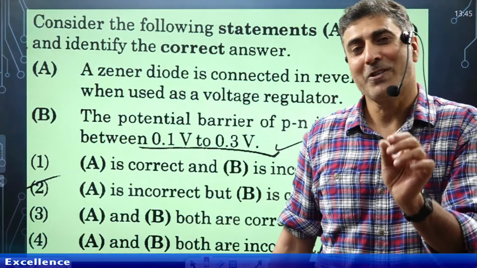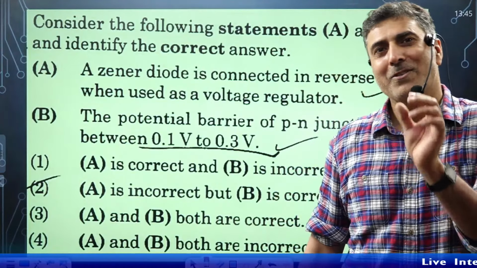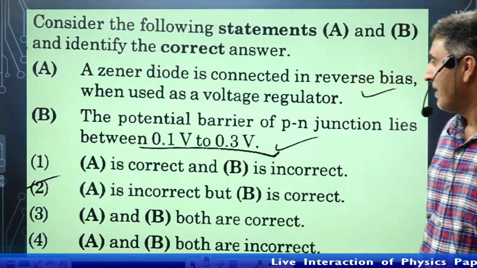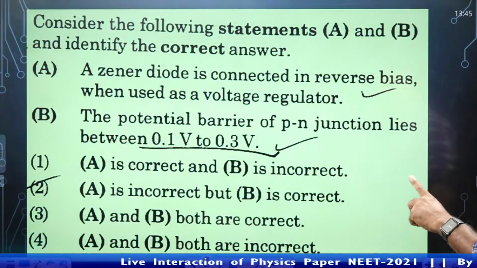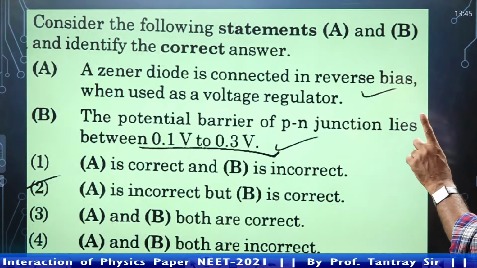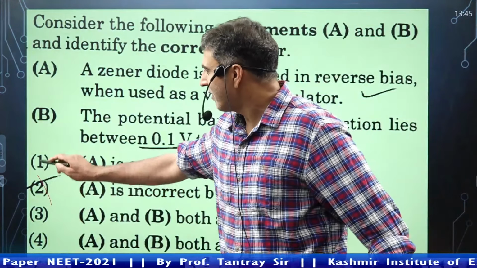It goes from 0.3 to 0.7. For silicon it is 0.7, for germanium it is 0.3. So there's no question of 0.1 to 0.3. So A is correct and B is incorrect. So he has given a wrong answer. This is the answer.